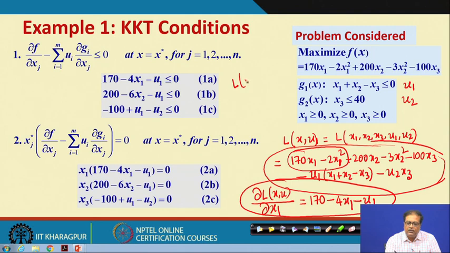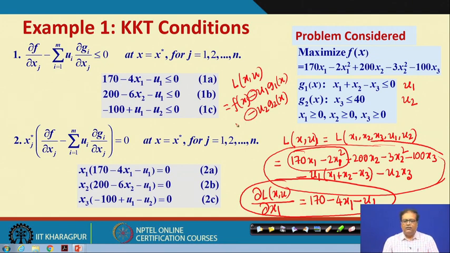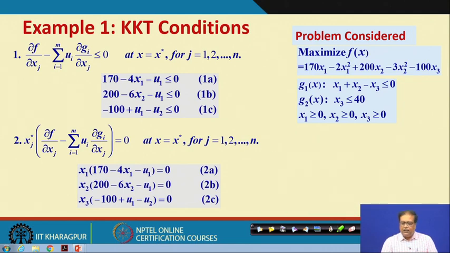When you take the total function L(x, u) equal to f(x) minus u1 g1(x) minus u2 g2(x), this minus sign has to be always taken; you cannot do something else. Fine. So, so far we have seen how exactly we convert the first condition to a set of KKT conditions. Now, let us take the second one.